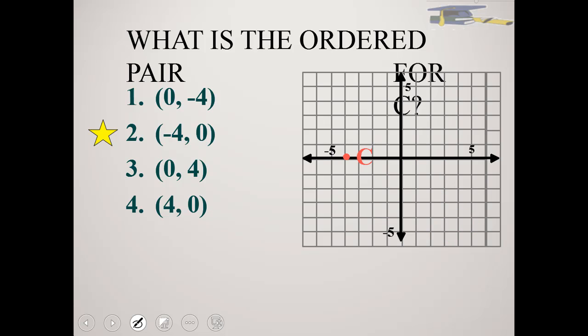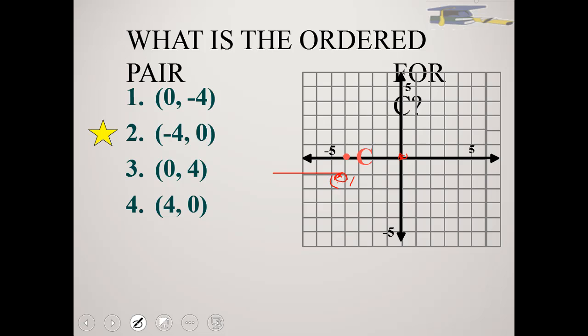What about C? C here is on the x-axis. So it's at the 0 point here, or the origin point. So C here would be 0 on the x-axis.